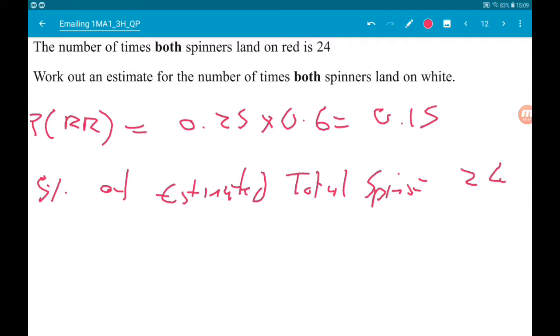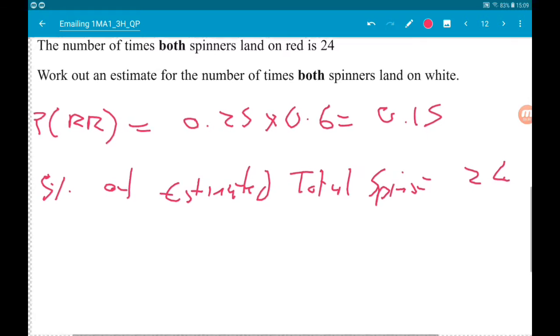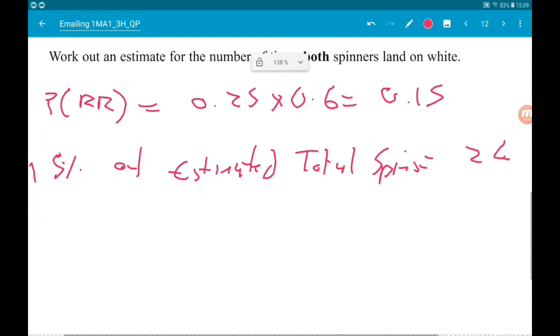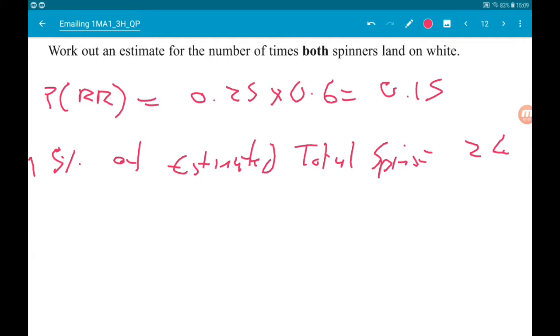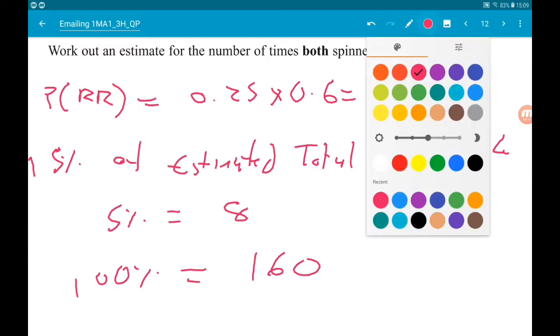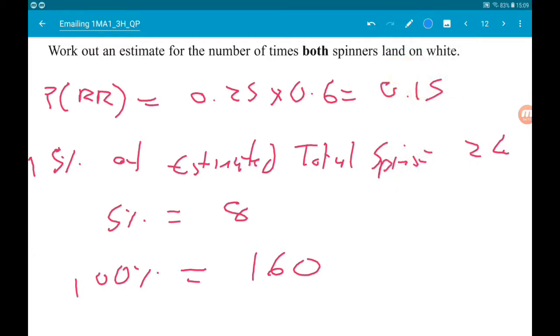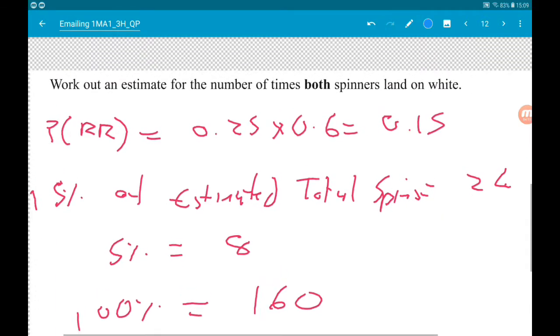Now, if we think about this in terms of reverse percentages, from that we can get that 5% by dividing by 3 is 8. So then 100% times by 20 is 160. So what we're now going to do, and I can't write in white, so we use blue.